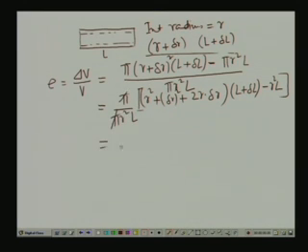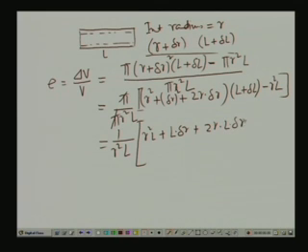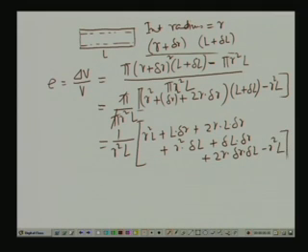So, this is equal to 1 by R square L times, if I multiply with L, R square L plus L delta R square plus twice R L delta R plus R square delta L plus delta L delta R square plus twice R delta R delta L minus R square L.